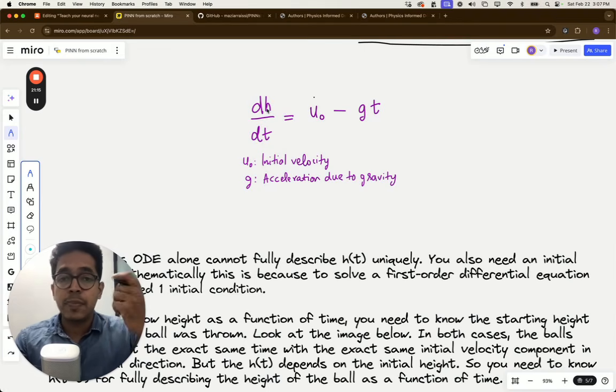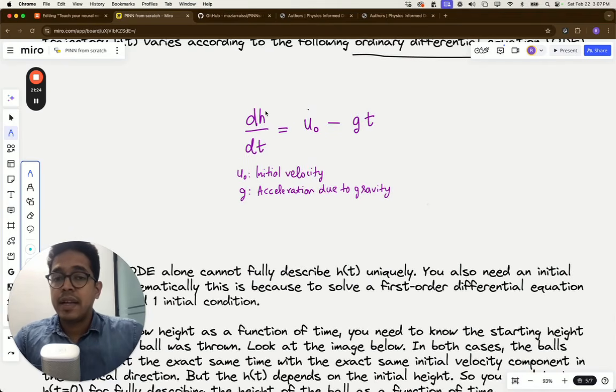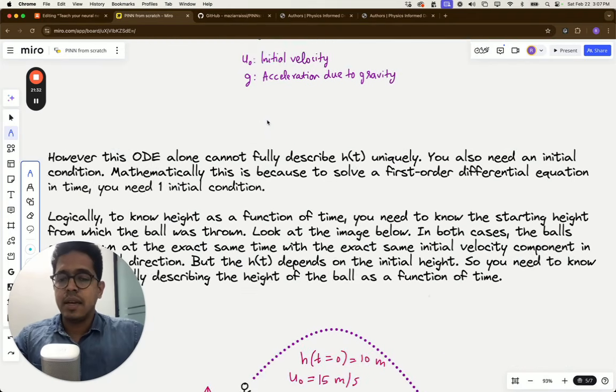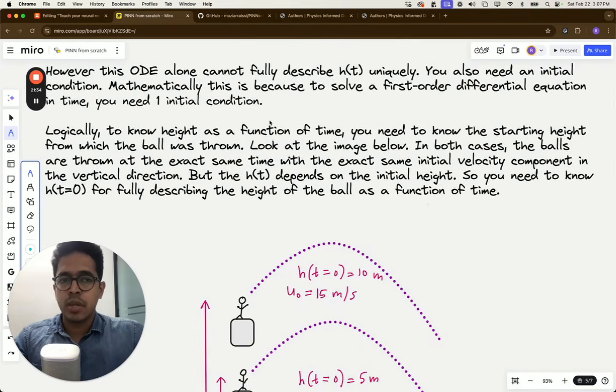If it was in space, you would need at least one boundary condition, right? So here you need one initial condition, which will be, since you are trying to predict height, the initial height when you started to throw. So that is the initial condition. What was the height when time was equal to 0?